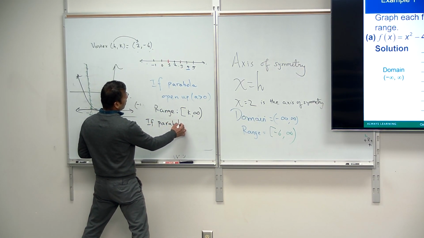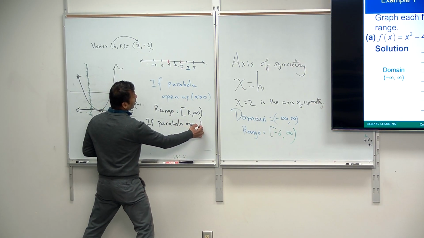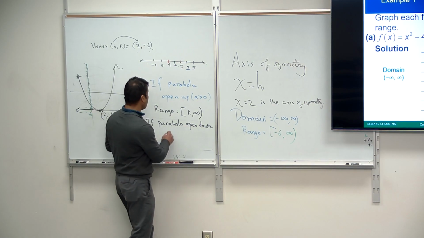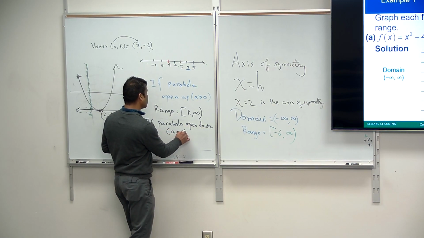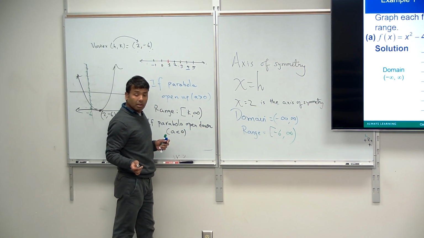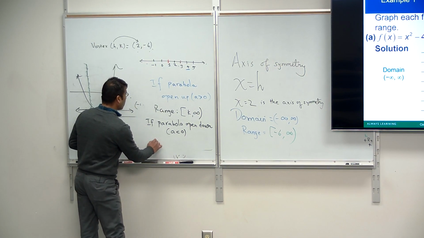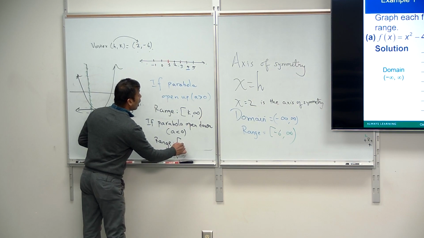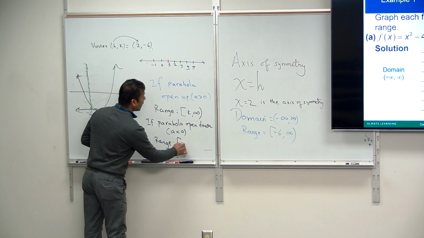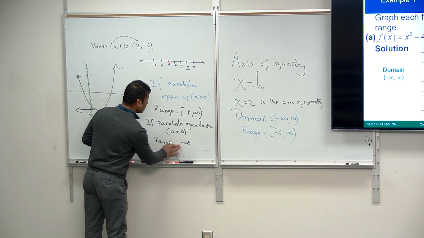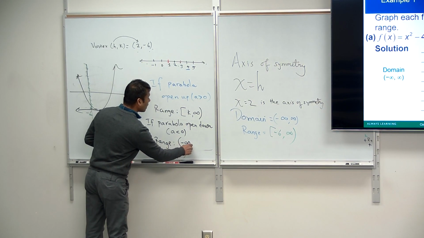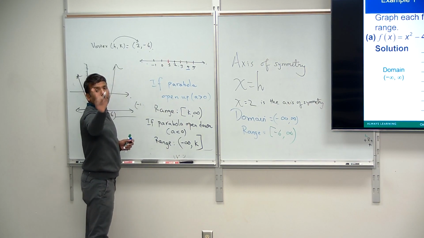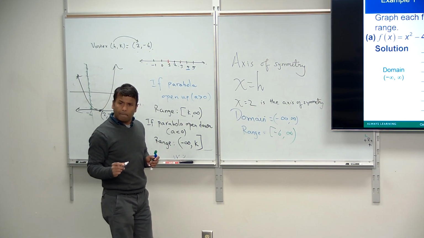If the parabola opens down, the parabola opens down if a is less than 0. Is that right? If a is negative. So in that case, your range is going to be negative infinity to k.